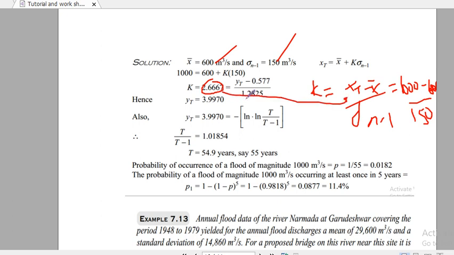Then yt minus yn over sn. For a very large sample of data, yn is equal to this value, which is constant, and so is sn. If the sample size is very large, yn and sn are constant.